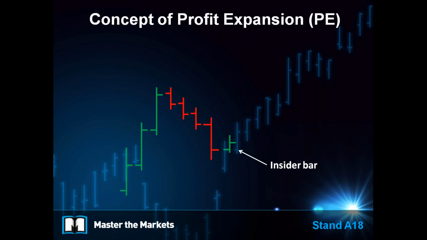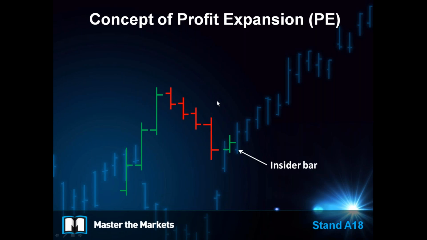So what is profit expansion? Profit expansion is all around trading inside bars. So inside bars, for anyone that doesn't know, is a bar in which the current range high to low is completely engulfed by the previous bar's range high to low.